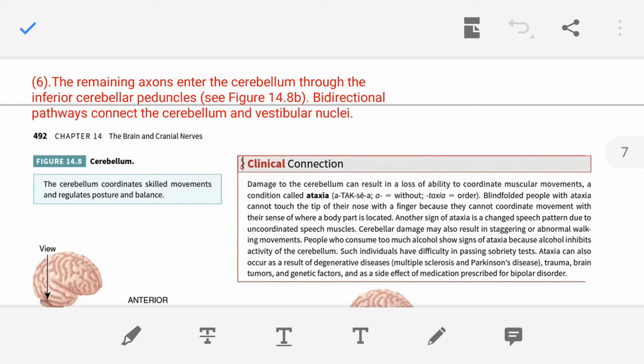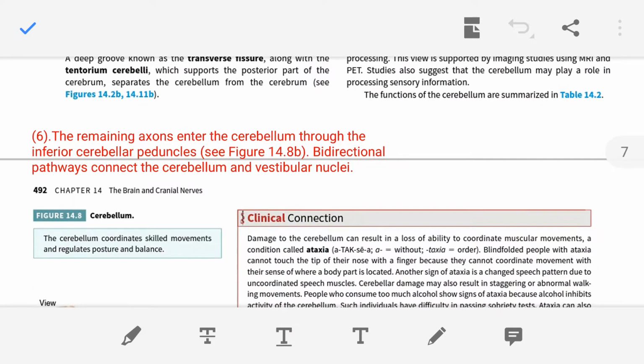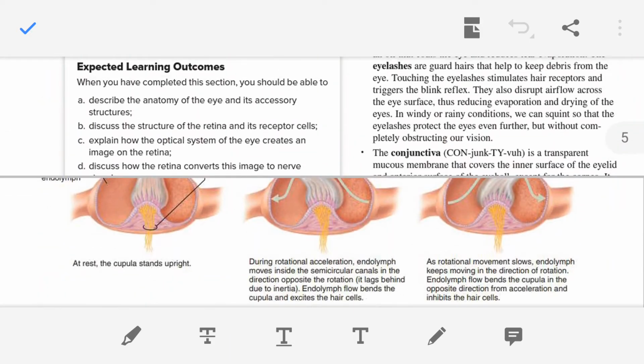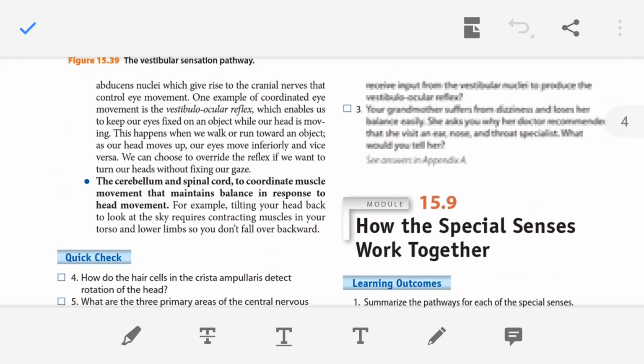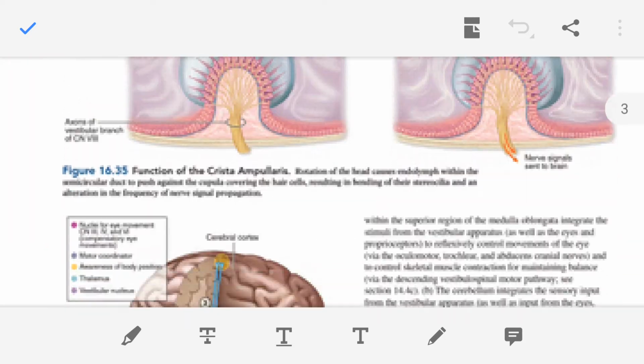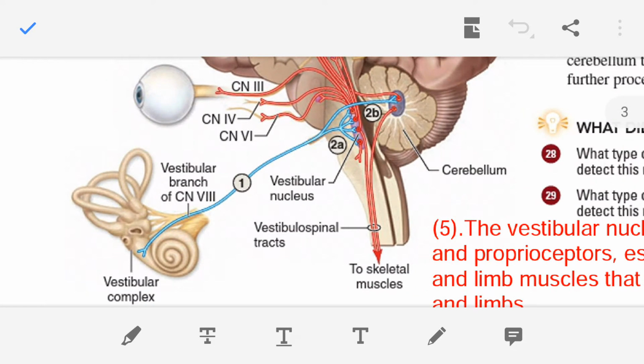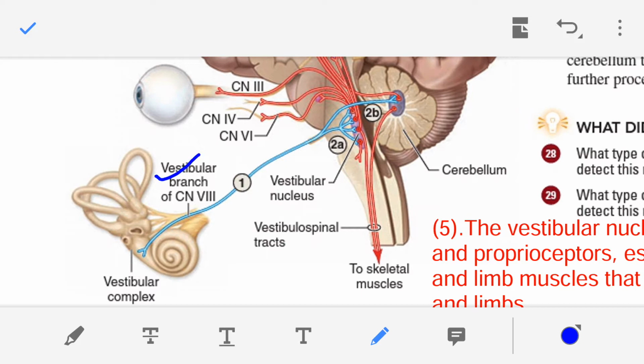Now the remaining axons. See, this is the vestibular branch of cranial nerve 8. Most of the axons enter the vestibular nucleus.